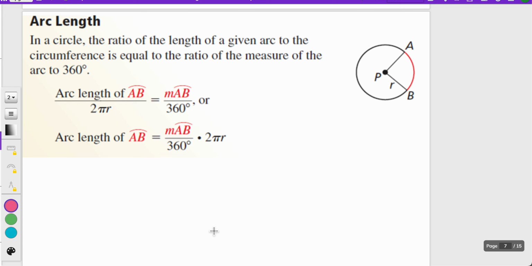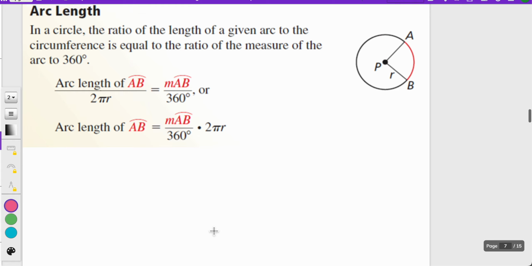So for example, if we wanted to find the length of AB, then we would want to make sure that we would have AB divided by 360, or if we wanted to find the measure of AB, we can do the measurement of AB divided by 360 times 2 times pi times radius, okay? So those are just some different ways that we can find our arc lengths.